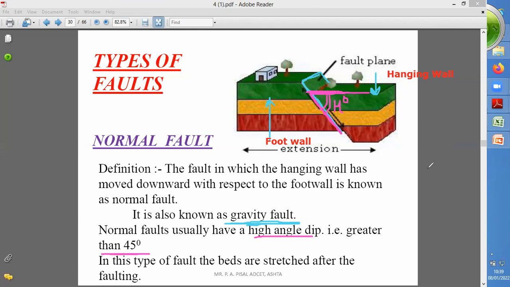Now in this type of fault, the beds are stretched after the faulting. What is the meaning of beds are stretched? Just a minute before the faulting, the blocks look like this, just wait, I will draw it.